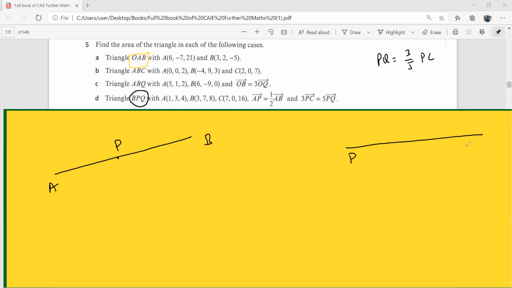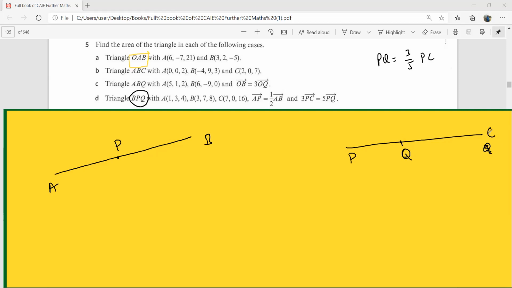So that means if this is P, this is Q over here, and somewhere here this PC. So the whole of this PQ is 3 by 5 of this piece. I think I should have Q here and C here.